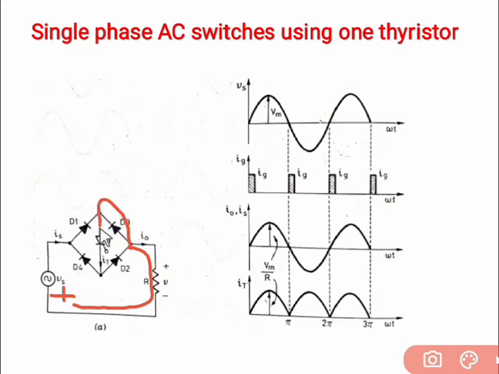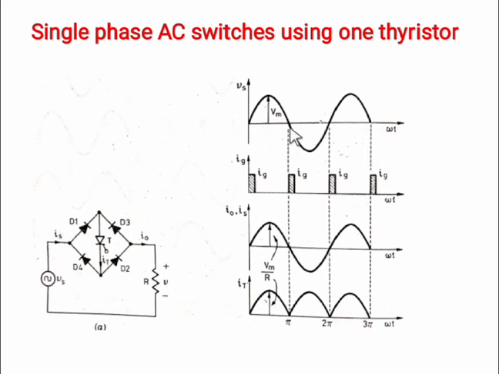At this point, if we apply the gate signal Ig, the thyristor will turn on and current will flow from the thyristor to D4 to the source. So during the positive half cycle, current will flow from source to D1 to thyristor to D2 to load through the supply.